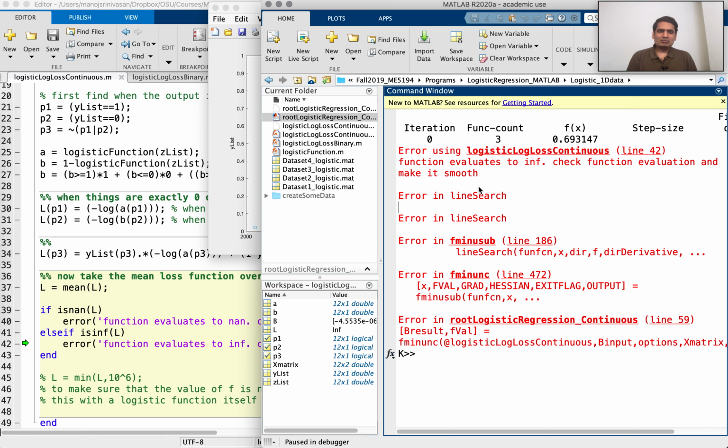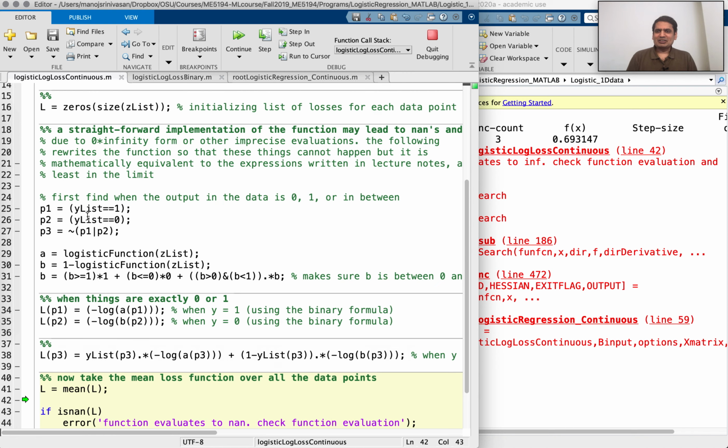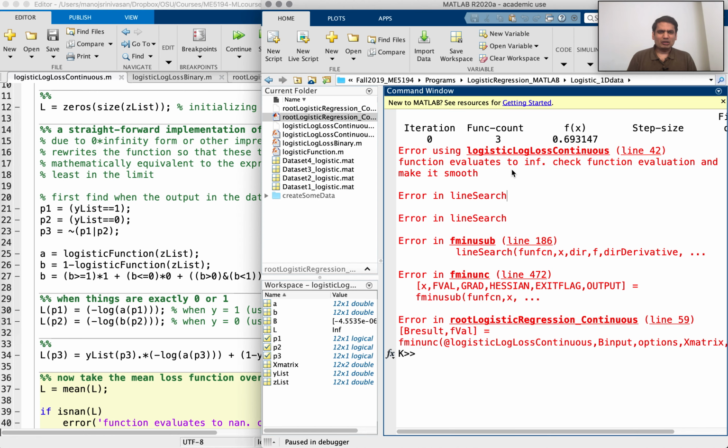Okay, we get some error. It says function evaluates to inf, check function evaluation and make it smooth, error in line search, blah blah blah. Actually, this has to do with the error command that we ourselves stuck into this function evaluation. And it says the function evaluation is infinity.